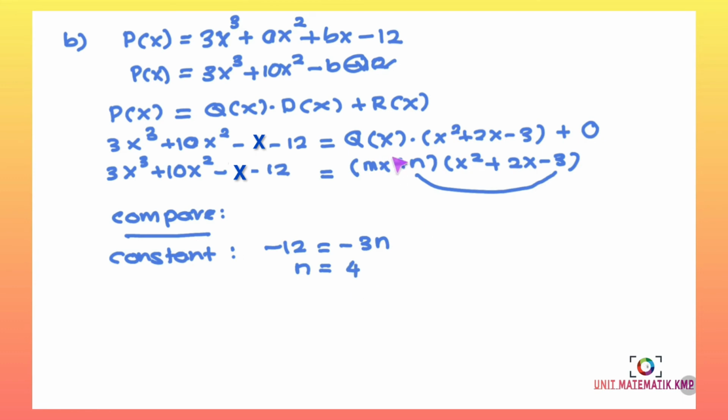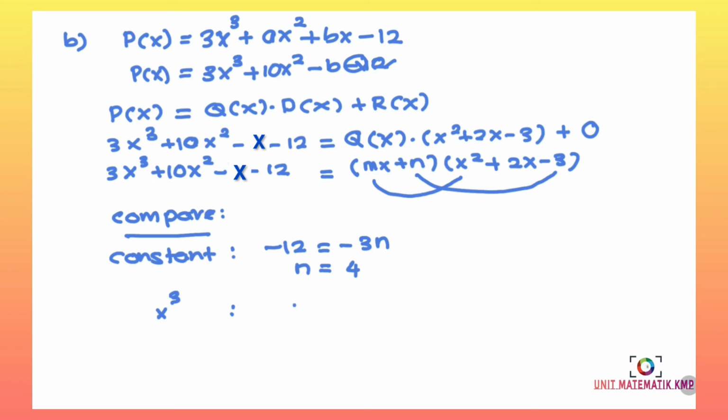So how can we find m? Here we have mx. If we multiply mx with x^2, we have mx^3, right? The highest degree is 3. So we will compare with the highest degree of 3 on the left hand side. So we compare x^3.